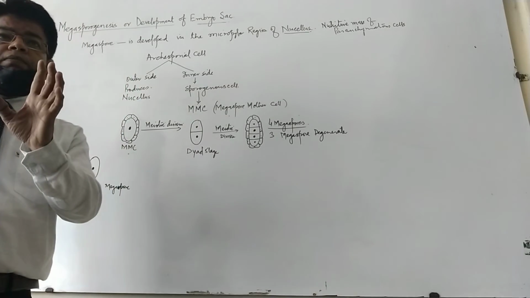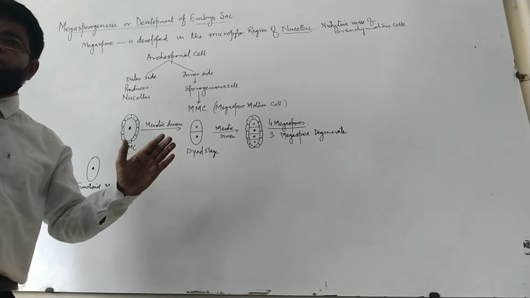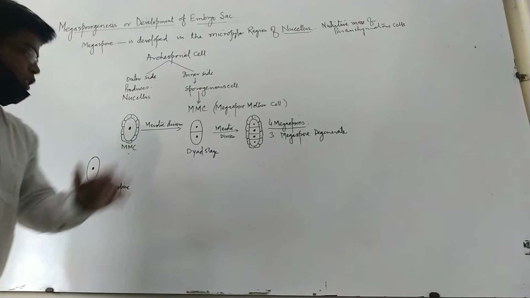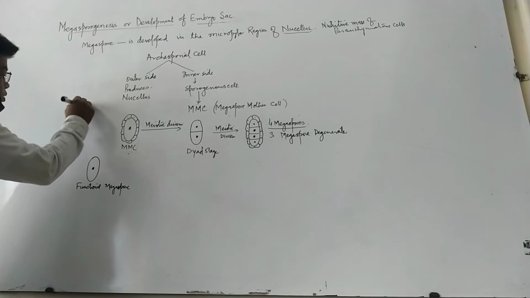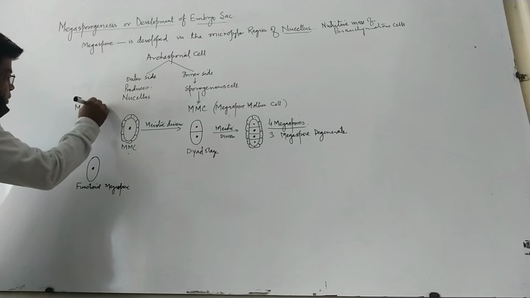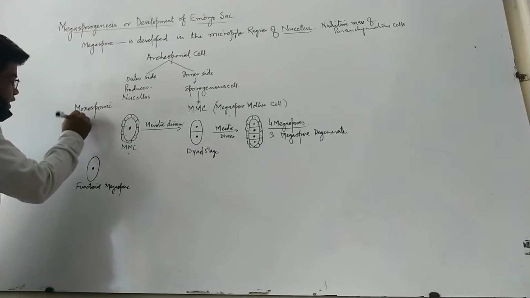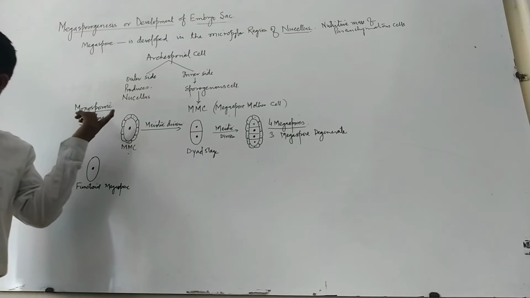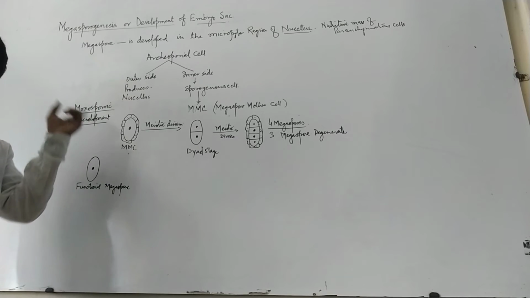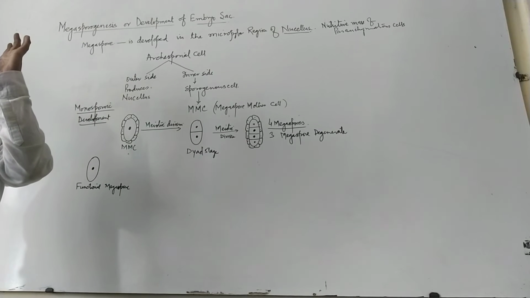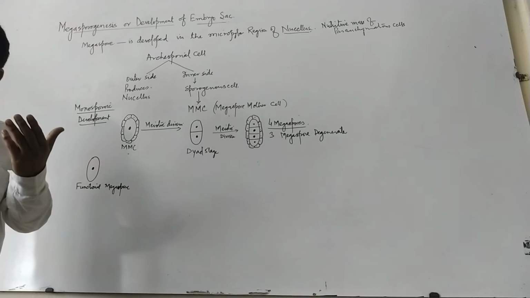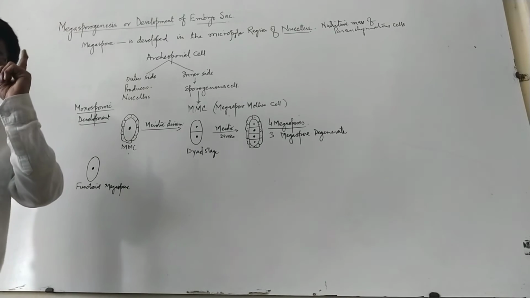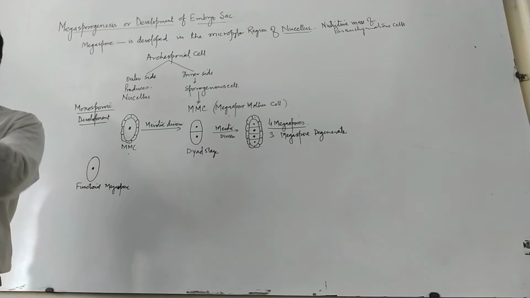So this development is sometimes called monosporic development. So what does it mean? Monosporic development means development from a single megaspore. The embryo sac here is developed from a single one, and single is known as mono.